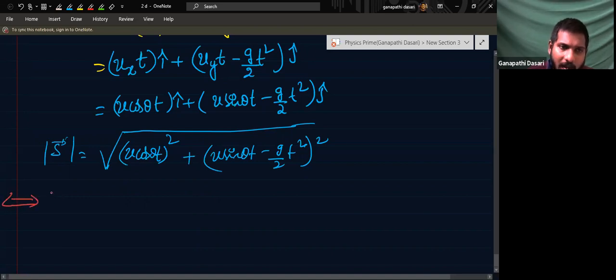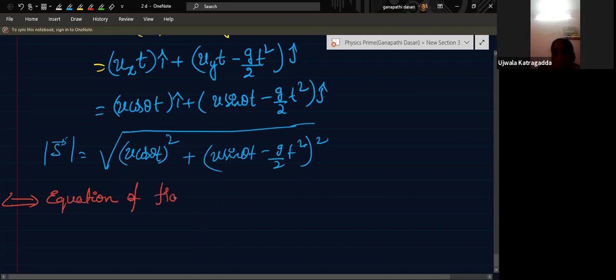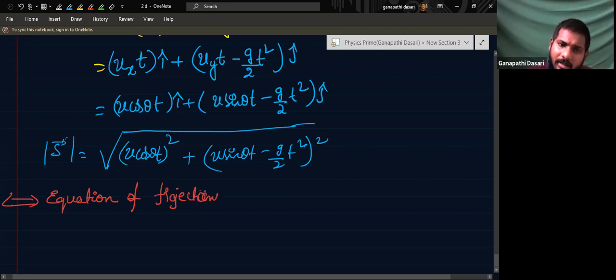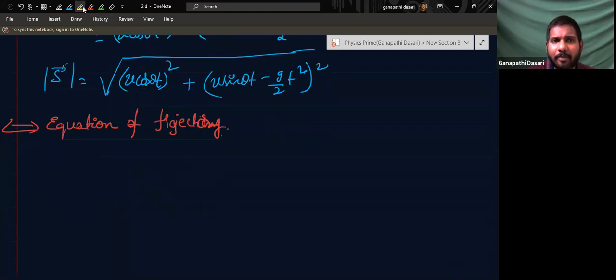Next, the important application is how to write the equation of trajectory. You might have studied this also. This equation of trajectory can be asked not only in this topic but in other topics also, if the examiner wants to twist you, in the sense that he wants to ask a new question to see how strong your basics are.